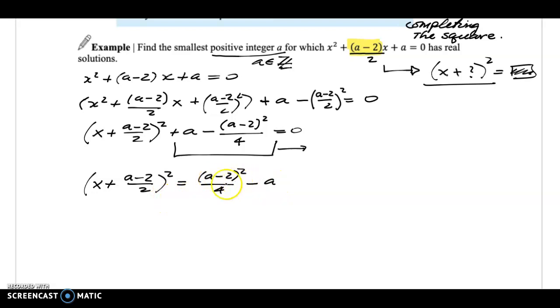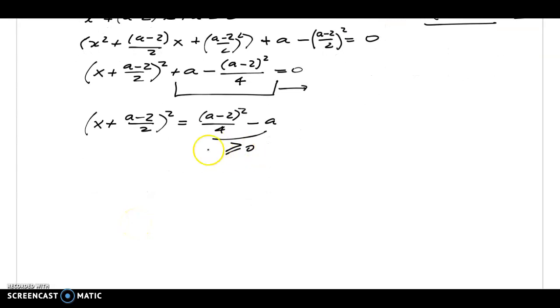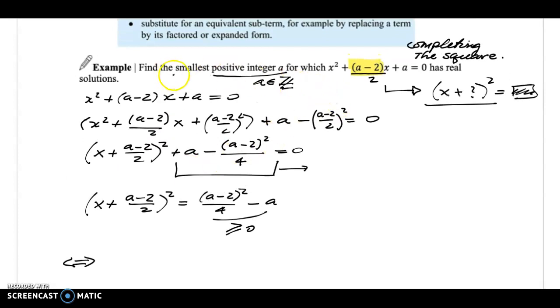For this to have a solution, this needs to be greater than or equal to 0 for this to be true. So this statement is true if and only if we find the smallest integer such that this has a real solution.